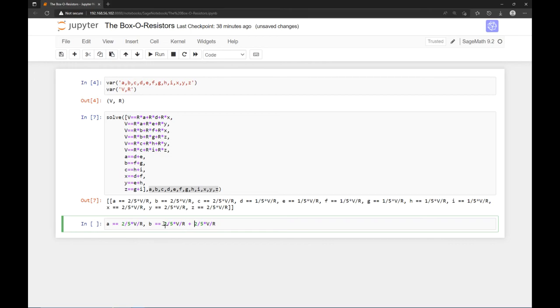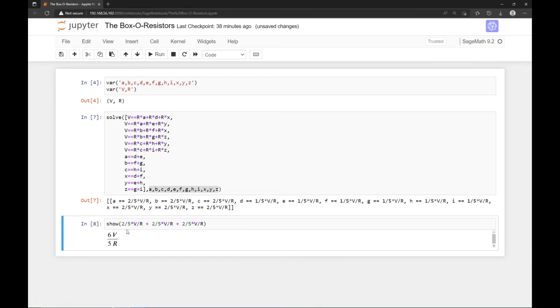So if I add up these 3 currents that we've found, we now have a relationship between the given resistor, which is R, any arbitrary voltage, and the input current. Okay?